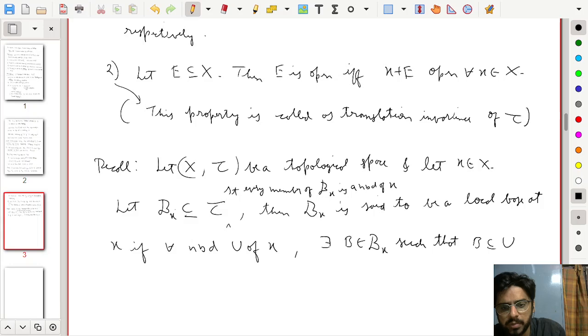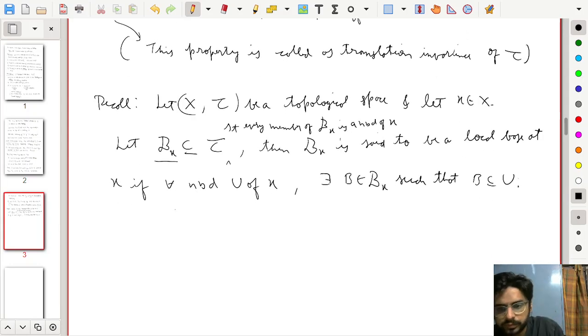What is the property that this B sub x has? Every member of B sub x is a neighborhood of x. Then this collection B sub x is said to be a local base at x if for every neighborhood U of x there exists an element B in B sub x such that B is contained in U.